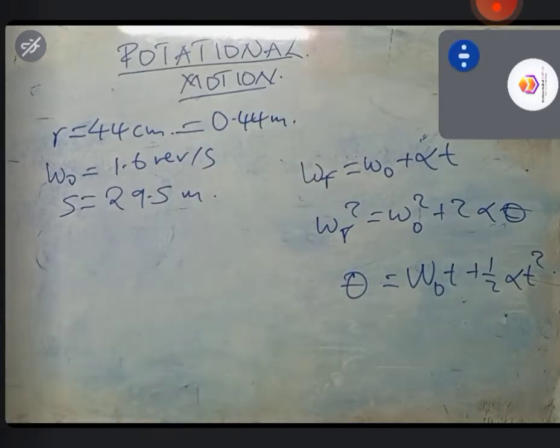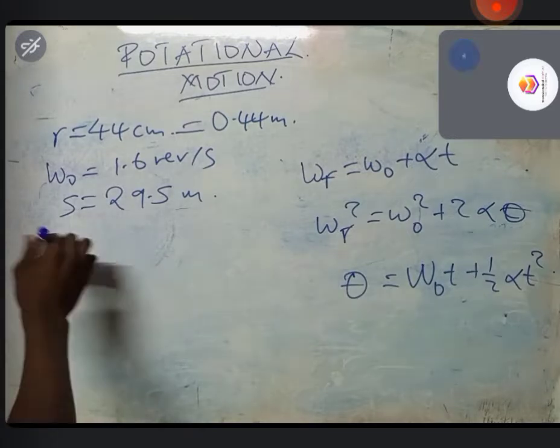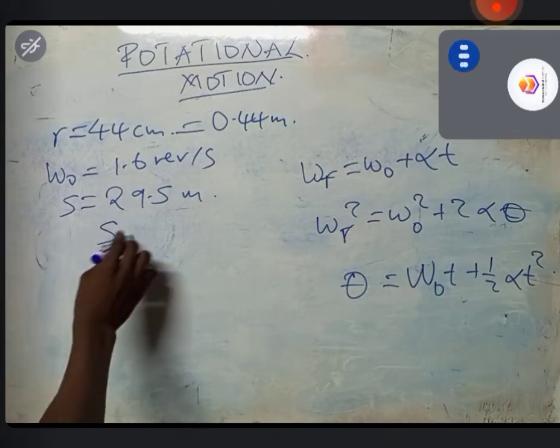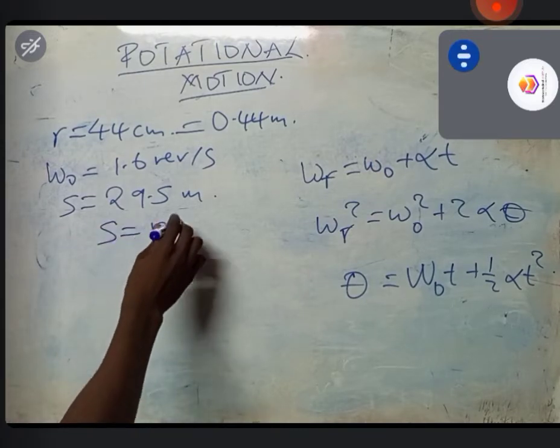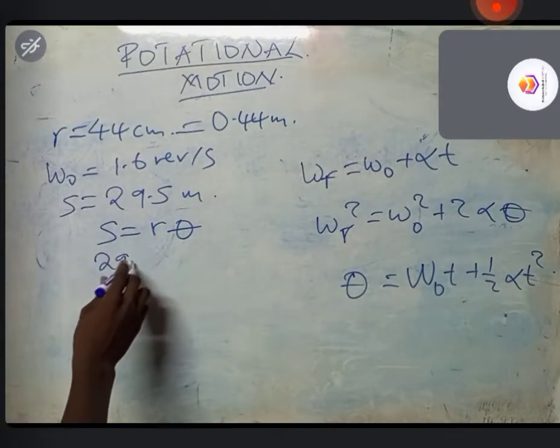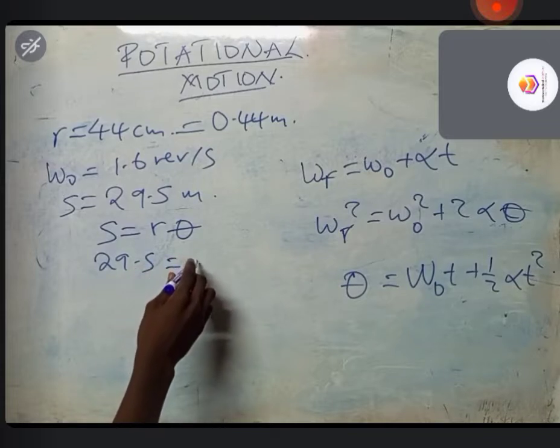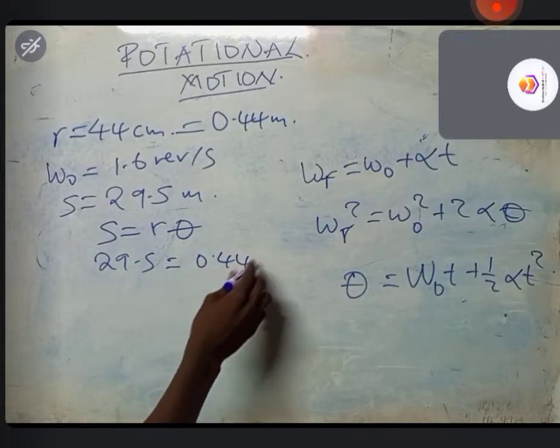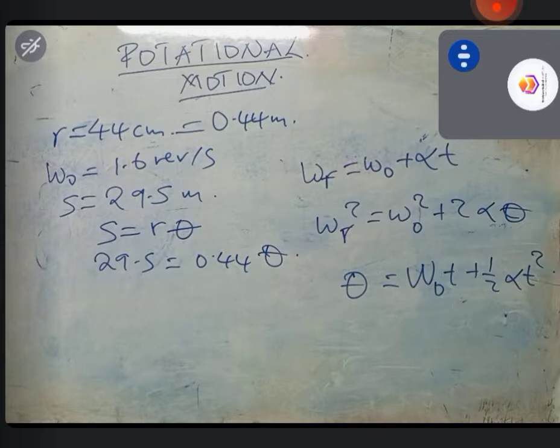We want to deal with circular, so the linear displacement is equal to the radius multiplied by the angular displacement. So we divide by 0.44 to get the angular displacement in radians.